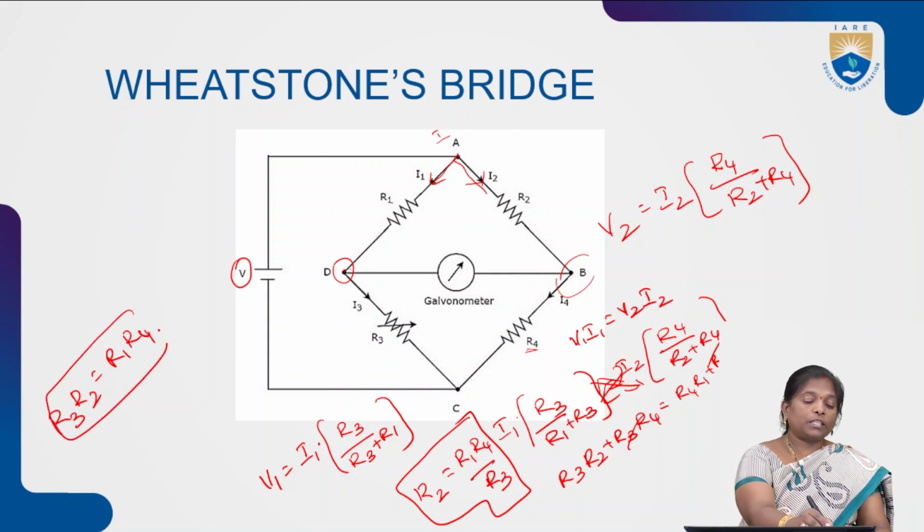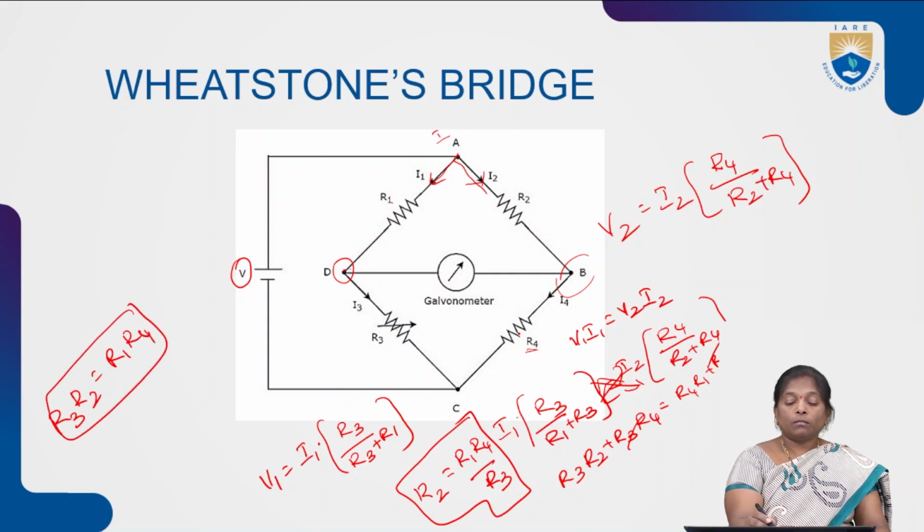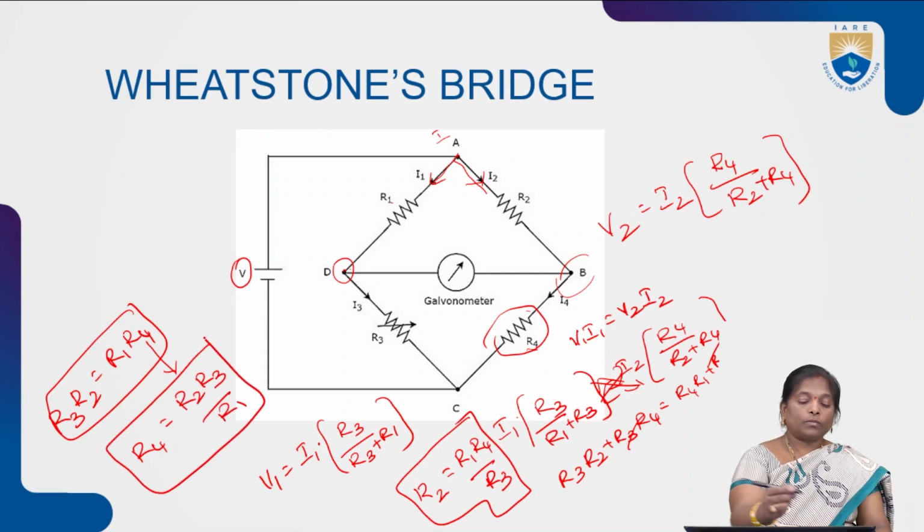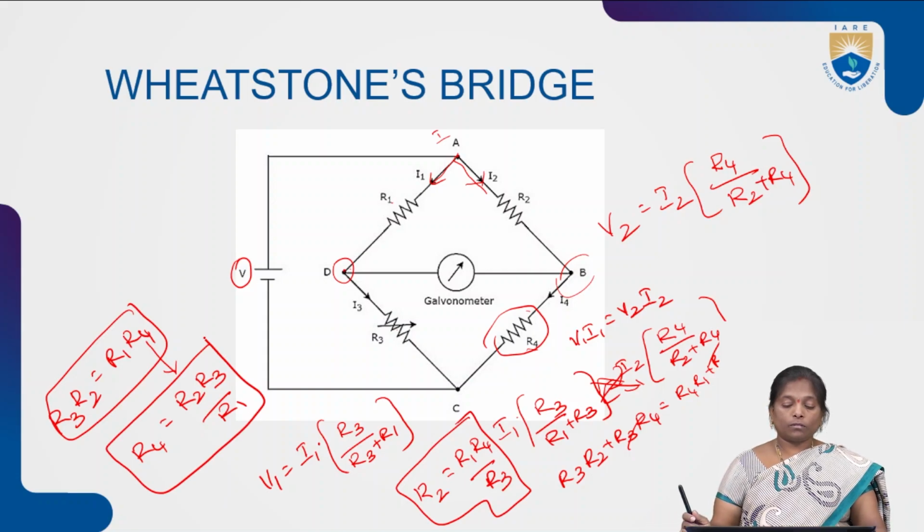The same expression can be rewritten in terms of the unknown parameter, which is R4. So R4 equal to R2 into R3 by R1. Or if you want to measure the resistance R2, it is R1 R4 by R3.